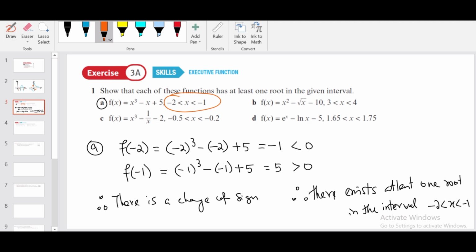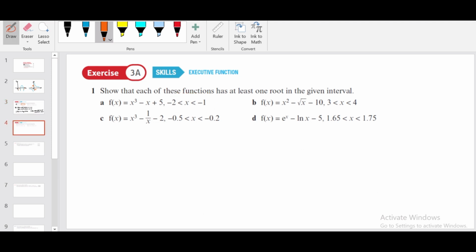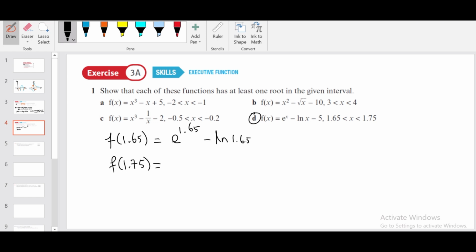For example, take D. The interval is 1.65 to 1.75, so f of 1.65 and f of 1.75. You need to show them your substitution of the values: e to the power 1.65 minus ln 1.65 minus 5, and e to the power 1.75 minus ln 1.75 minus 5.